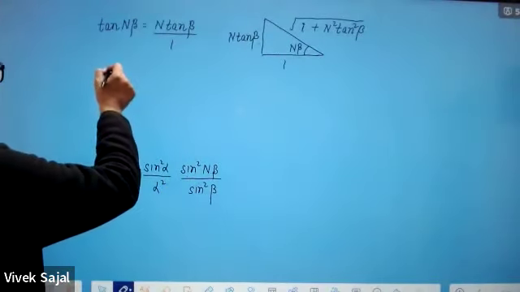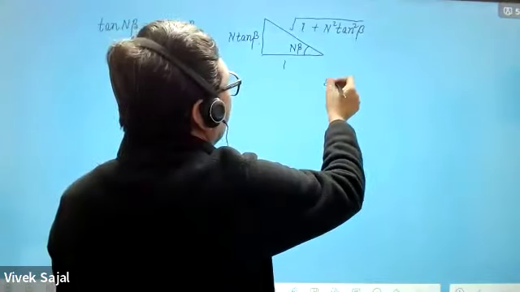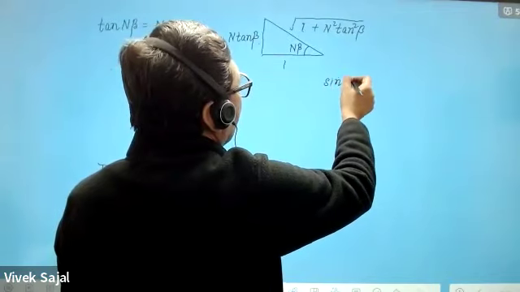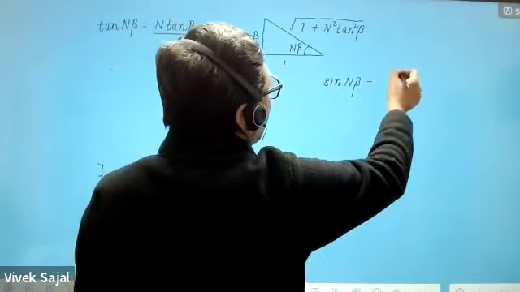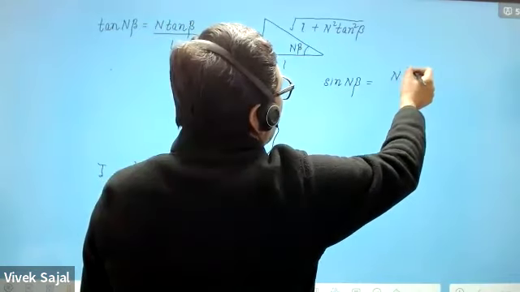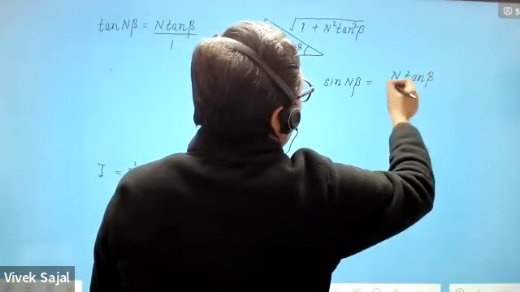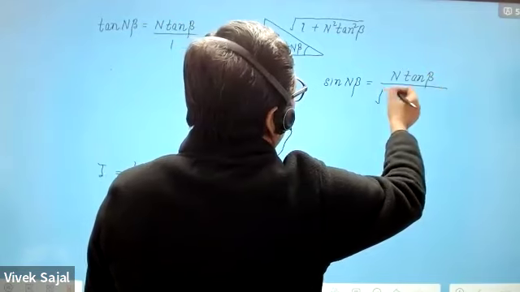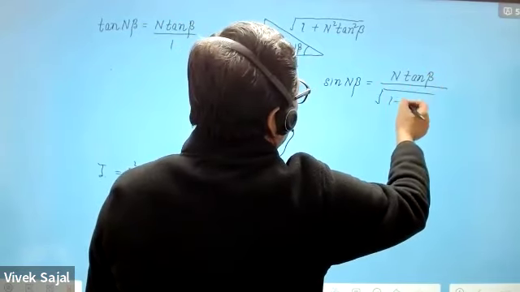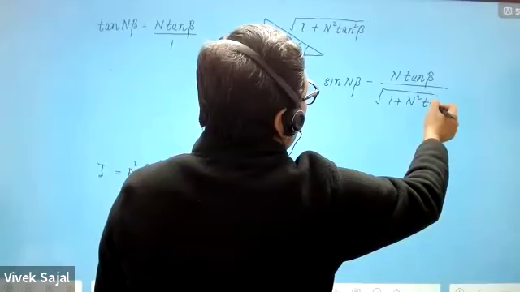So what will be sine n beta here? I find out here sine n beta. Sine n beta will be the perpendicular, which is n tan beta, divided by this hypotenuse, which is the square root of 1 plus n squared tan squared beta.